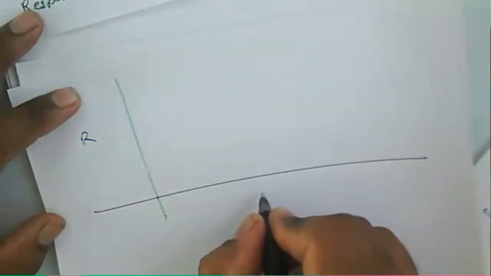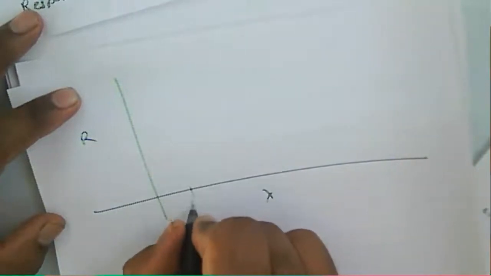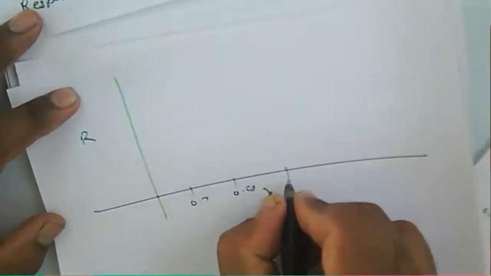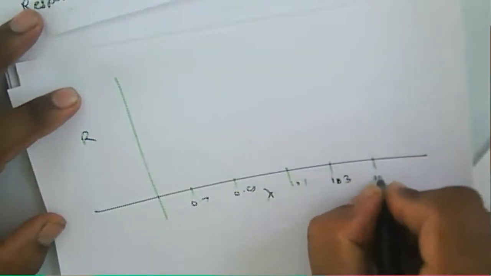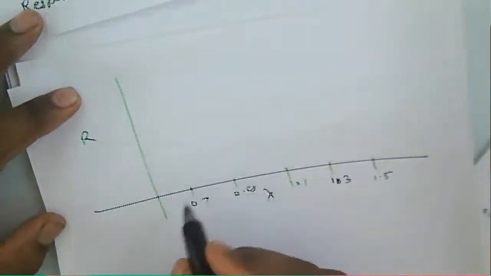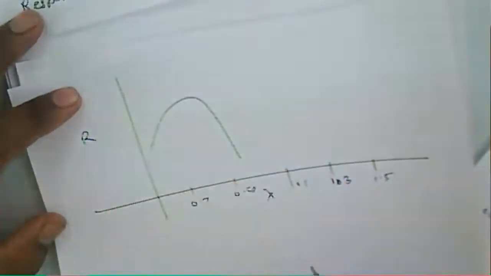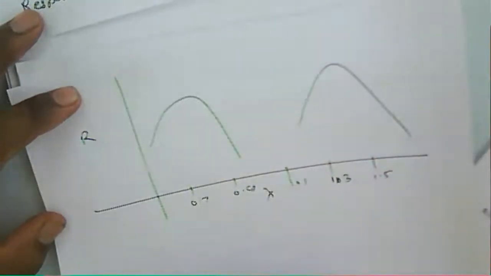For a given particular material, if you draw a responsivity curve, this axis is the responsivity and this one is the wavelength: 0.7, 0.9, 1.1, 1.3, 1.5. If you use silicon, the responsivity is like this. If you use germanium, it is like this.